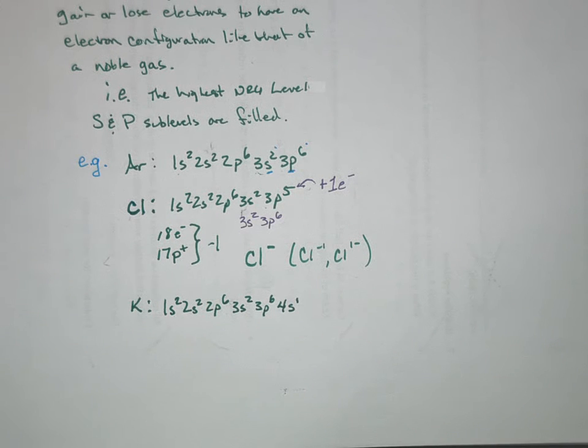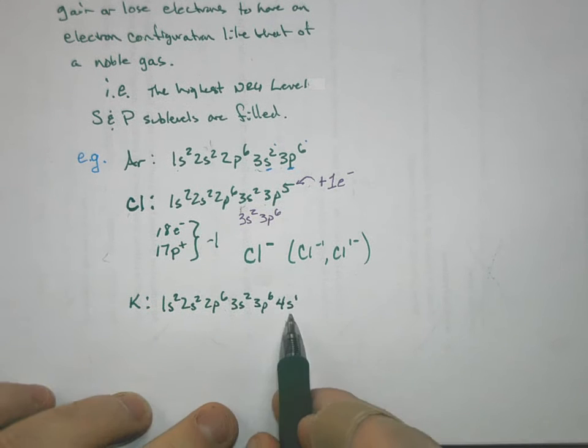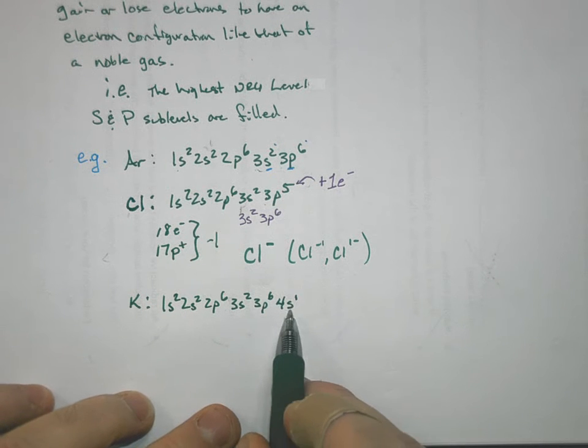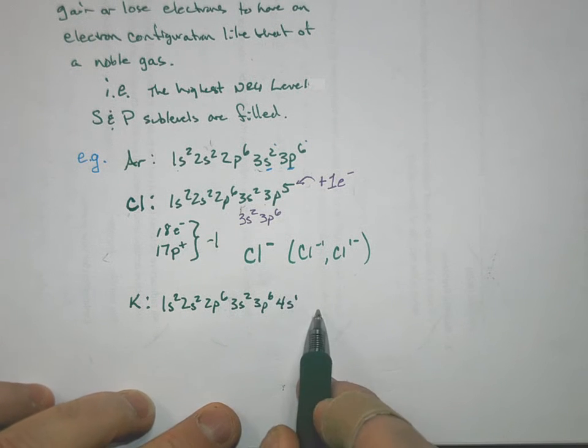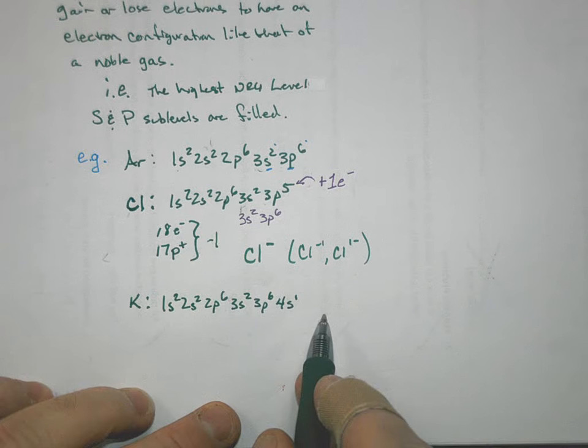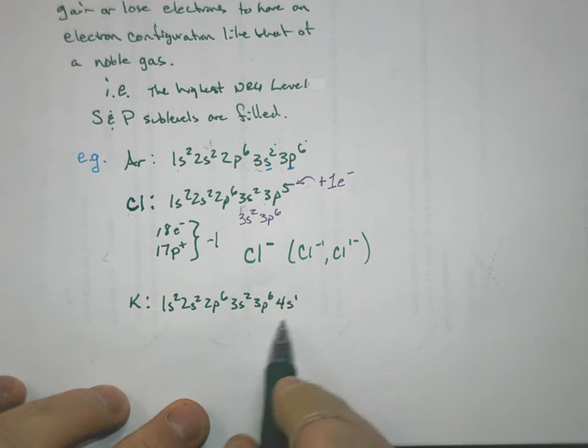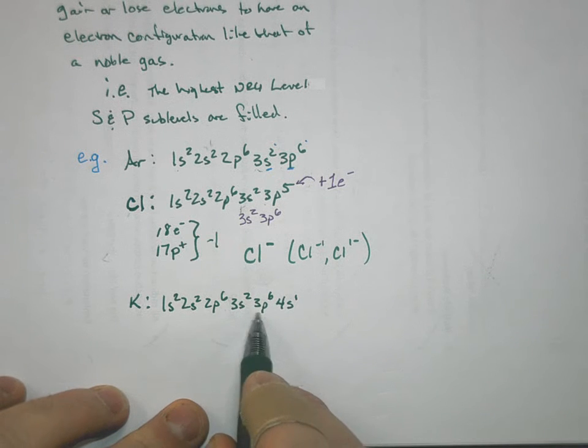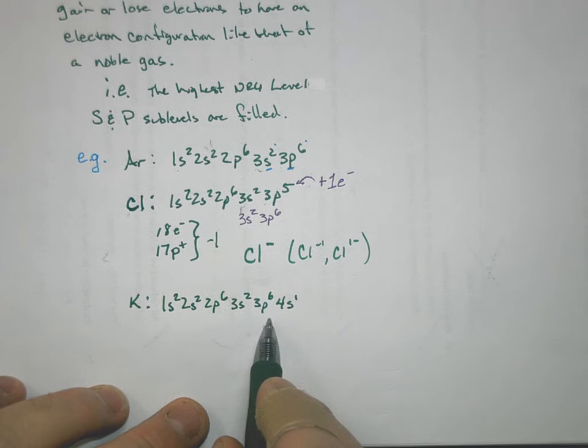Now, it also does not have its highest energy level, s and p orbitals, filled. At least not for the 4th energy level. But check out right below the 4th energy level. It does, yeah? It's got that 3s2, 3p6, the s2 and the p6. Those are filled. Woohoo!